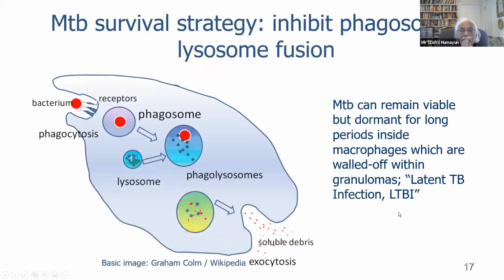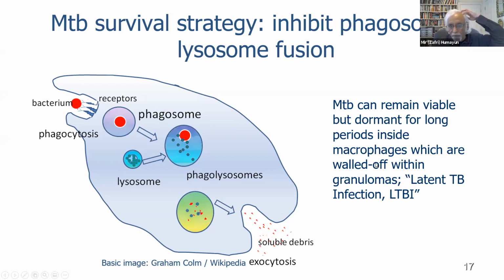This slide is devoted to trying to understand how MTB can survive within a macrophage. It uses multiple mechanisms, but one major mechanism is shown here, and that is MTB has the ability to block a physiological process within macrophages called phagosome-lysosome fusion.